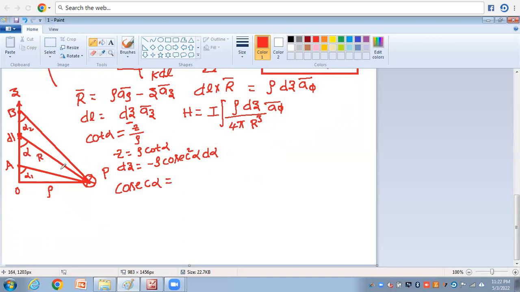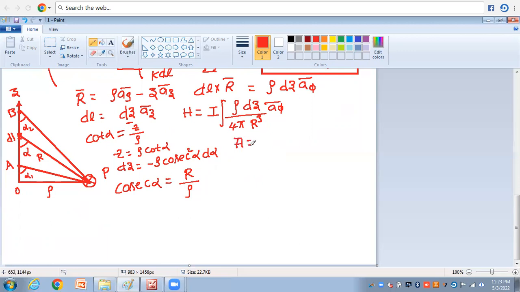Sine means opposite by hypotenuse, so first I will write r by rho. Here this is the rho, so I will write as it is rho. Finally r equal to rho cosec alpha. Later we will discuss this r and everything. Now I will extend this one.